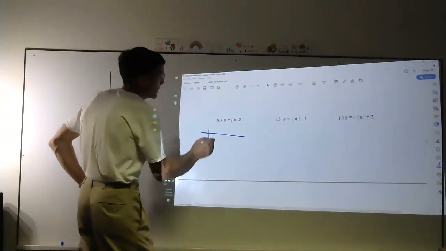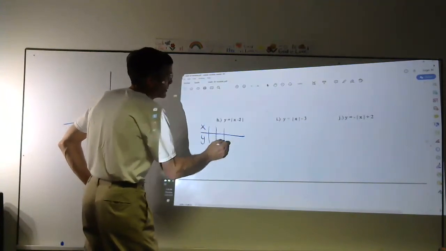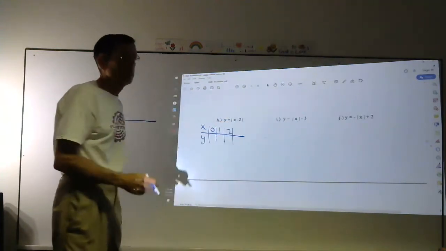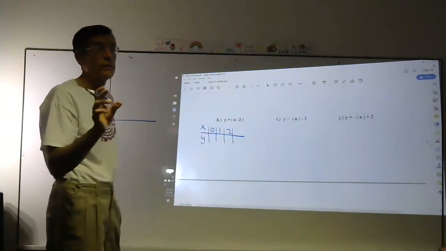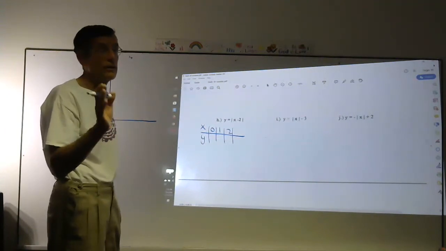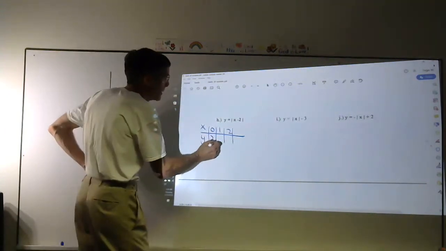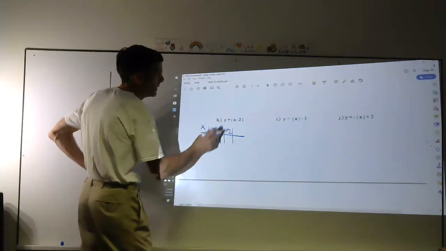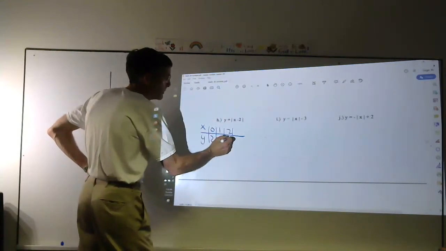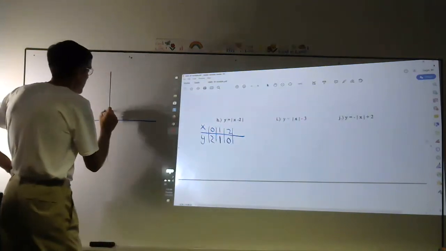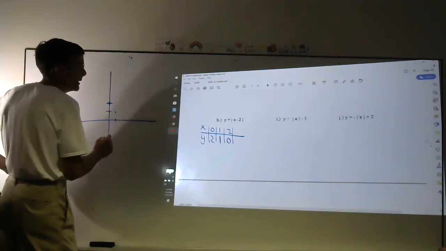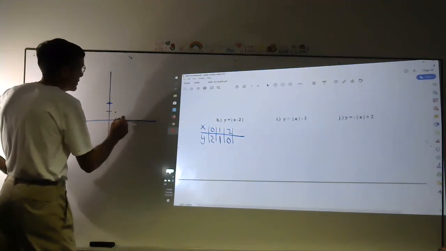Let's make an XY chart, 0, 1, and 2. 0 minus 2 is negative 2. The absolute value is the distance from 0. Negative 2 is 2 units away from 0. 1 minus 2 is negative 1. The absolute value is 1. 2 minus 2 is 0. Absolute value is 0. 0 and up 2. 1 and up 1. 2 and 0.